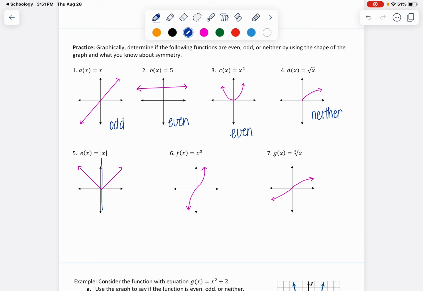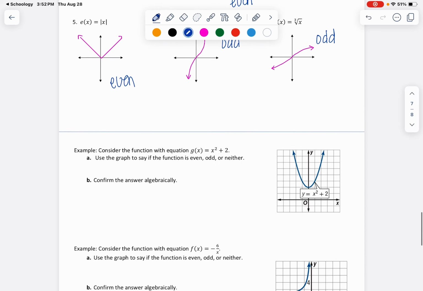This one has symmetry over the y-axis, so even. Number 6 has 180-degree rotational symmetry. It looks the same if I turn my paper upside down, so this is odd. And the same thing for number 7. It's also odd.